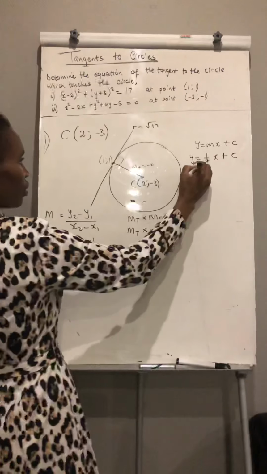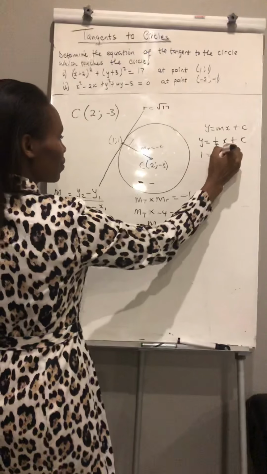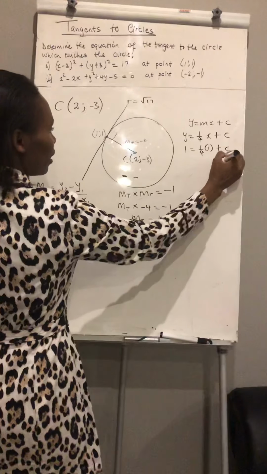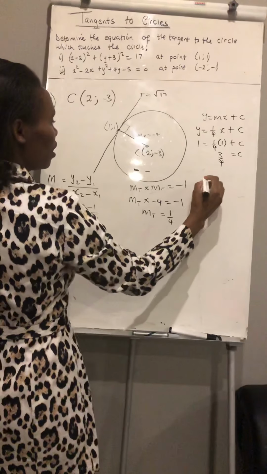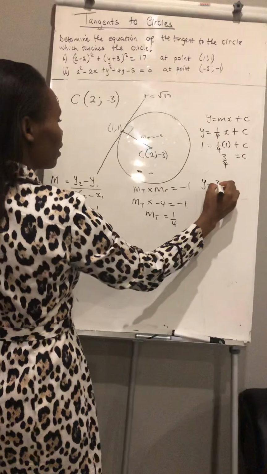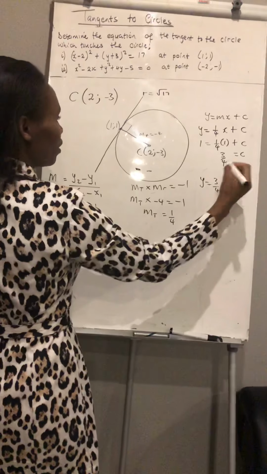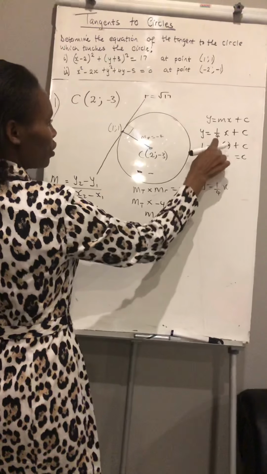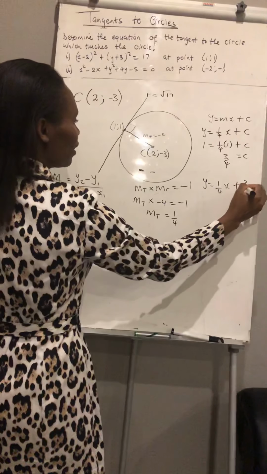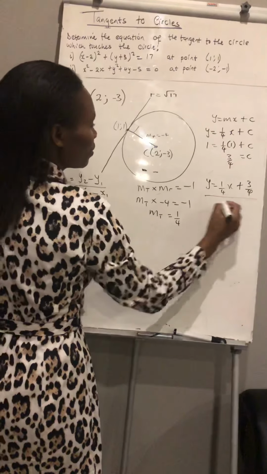So what we're going to do is to make substitutions. And of course, 1 minus a quarter will simply be 3/4. So from what we have gathered, the gradient is 1/4 actually, and then the C value is 3/4. So this will be the equation.